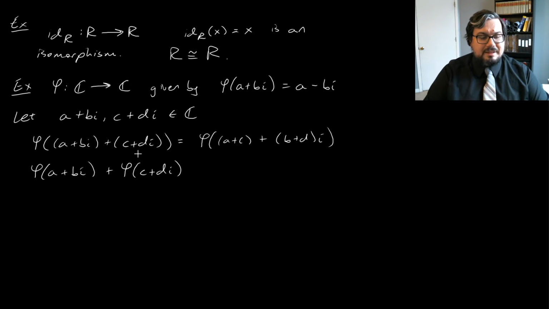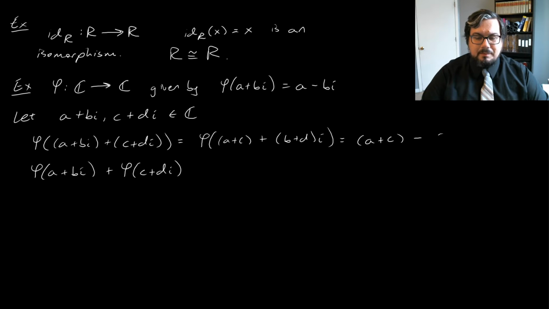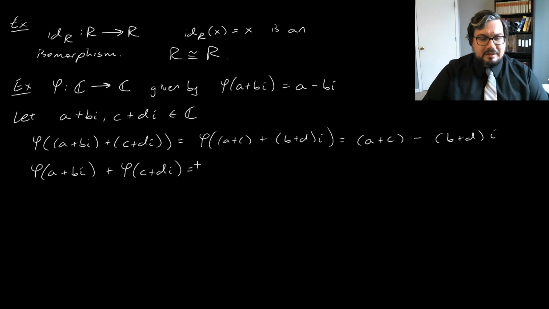So if we add these two complex numbers inside, we get a plus c plus b plus d, which gives us a plus c minus b plus d i. That's just what phi does. It gives us the conjugate.